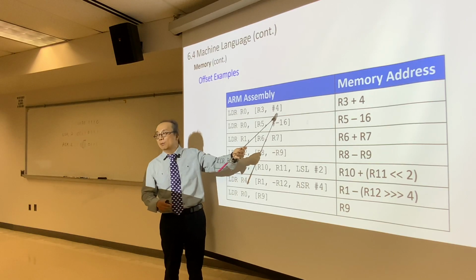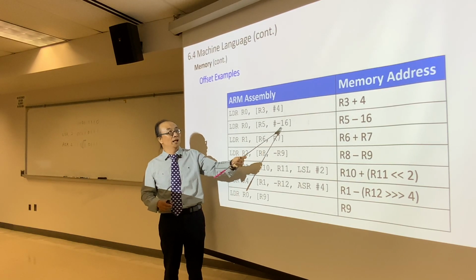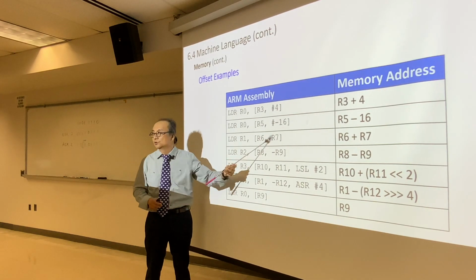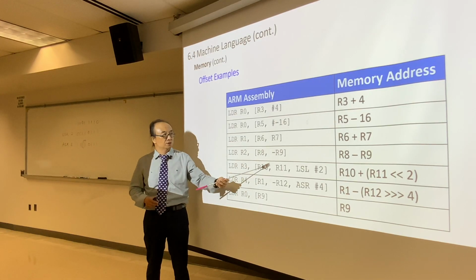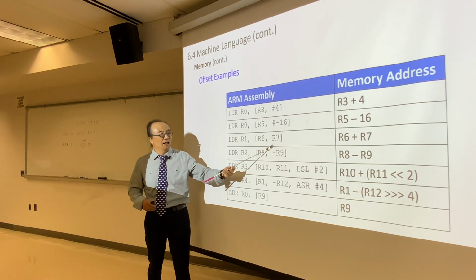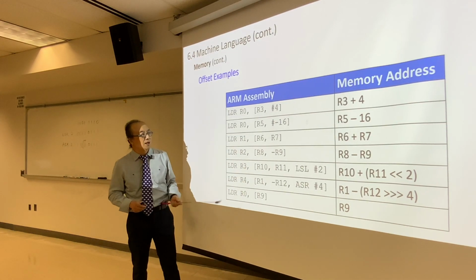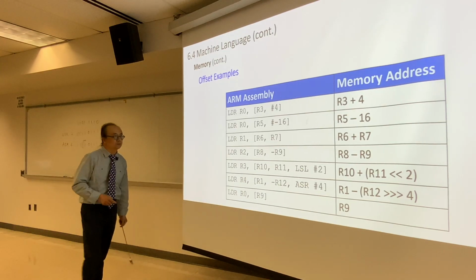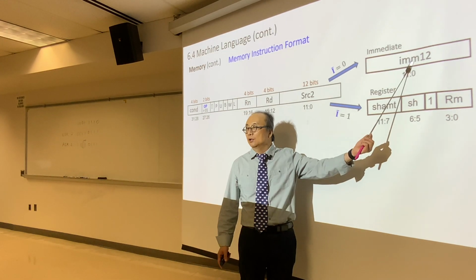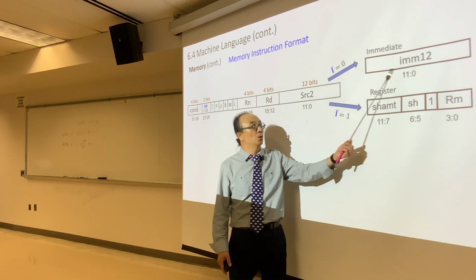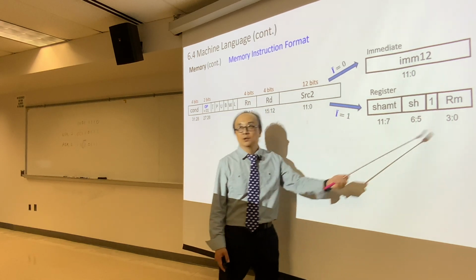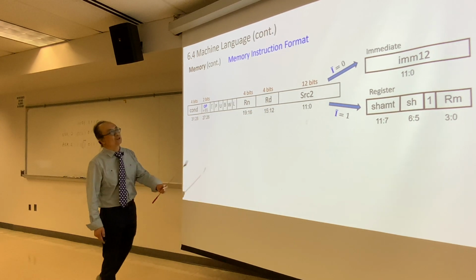So we could have a positive number, we could add a negative number, we could use the whole content of a register, we can have a negative of the register, and shift as well. We have either immediate 12, immediate values only, or immediate with another register or with the shifting.